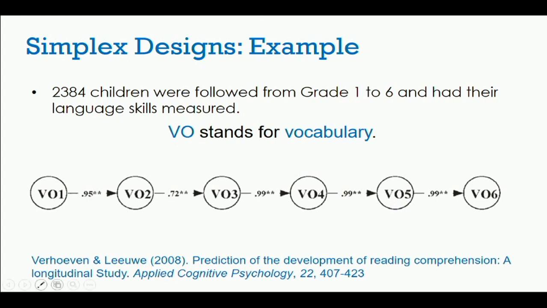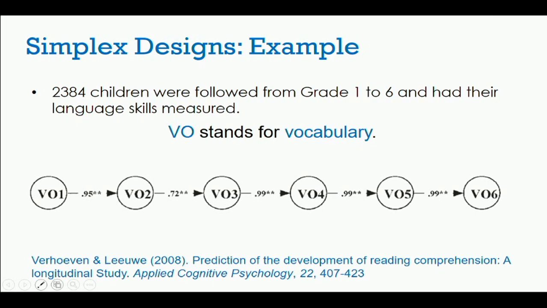And what we did was we looked at the developmental progression of verbal and language skills. So we measured things like their listening ability, their reading ability, their word decoding ability, so sounding out words, that sort of phonological skills.